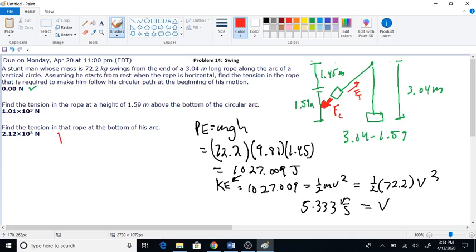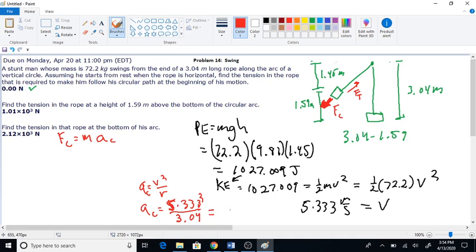Well, Fc is equal to mass times the centripetal acceleration. Well, how do we find that? Well, that is found with v squared over r, a formula we've used in previous problems. And this is 5.333 squared over the length of our radius here, 3.04.